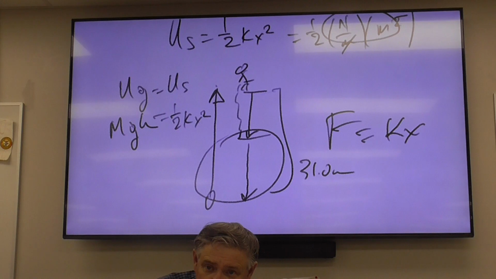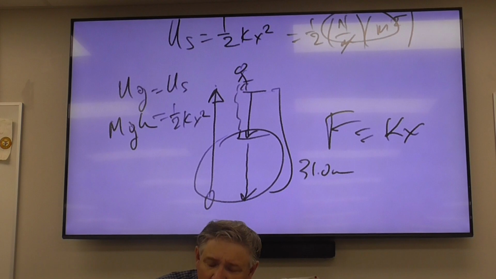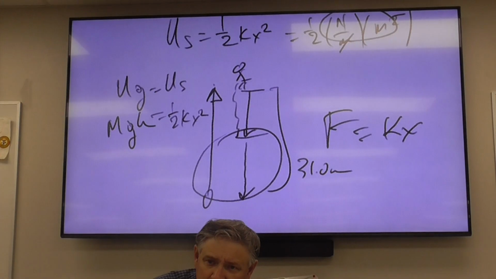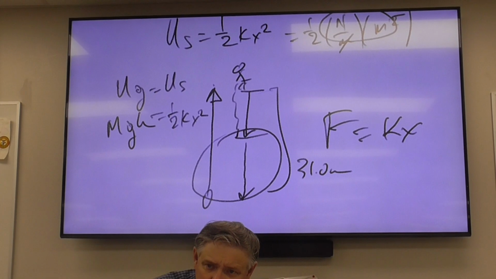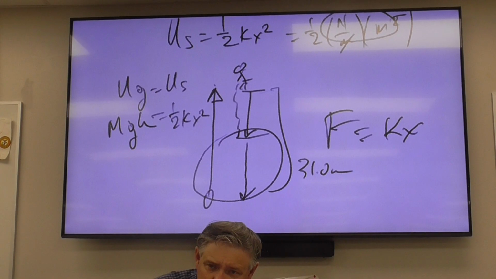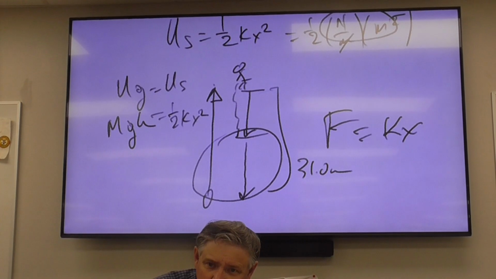Cool. So 32. 40 is bad. Wait, how did you get 40? I got 52. What I did, which was bad and dumb, I found the kinetic energy from your free fall, and then set that equal to how much the spring stores, which is not how that works.